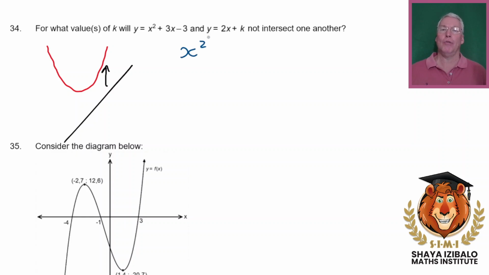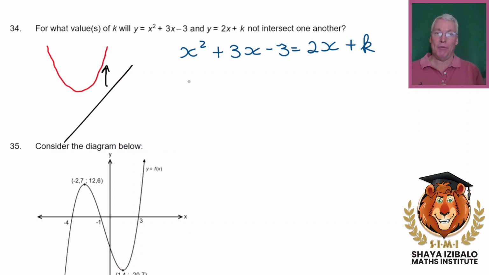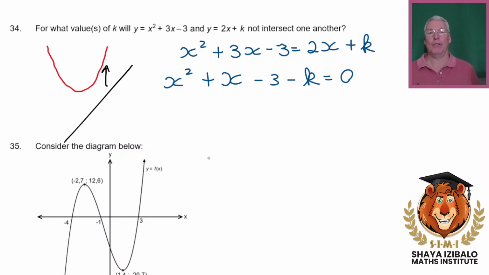So we put the two right-hand sides equal to one another: x squared plus 3x minus 3 equals 2x plus k. Now we're going to form a quadratic equation on this side. So we get x squared plus x minus 3 minus k, and we want that to have no solutions.